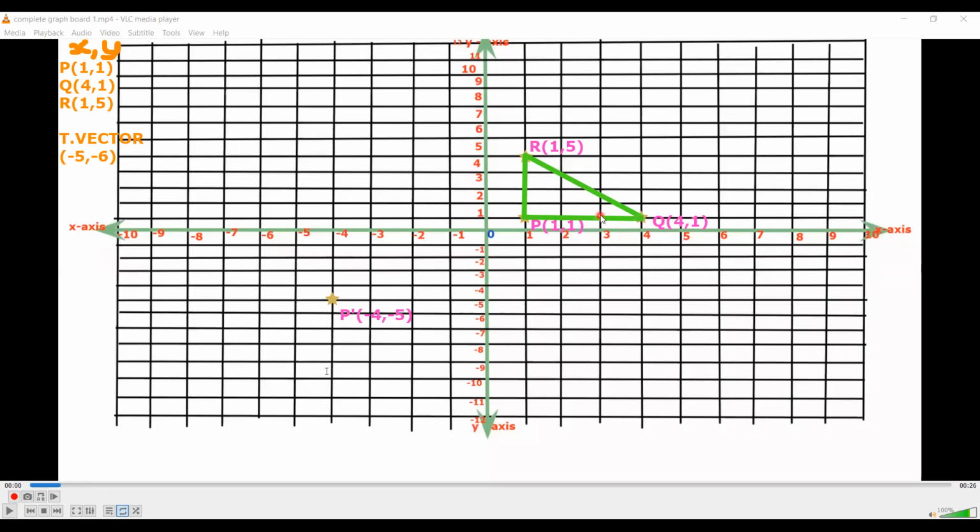The intermediate one will be here: 1, 2, 3, 4, 5. Then 5 left, 6 down: 1, 2, 3, 4, 5, 6. So that will be our intersection, and that will be here.